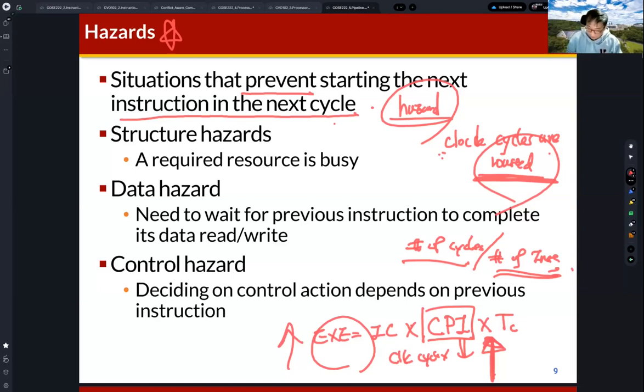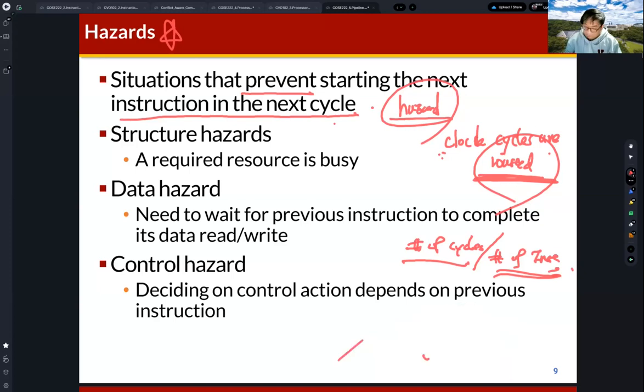So if we apply pipelining, then clock cycles can be wasted by hazards.